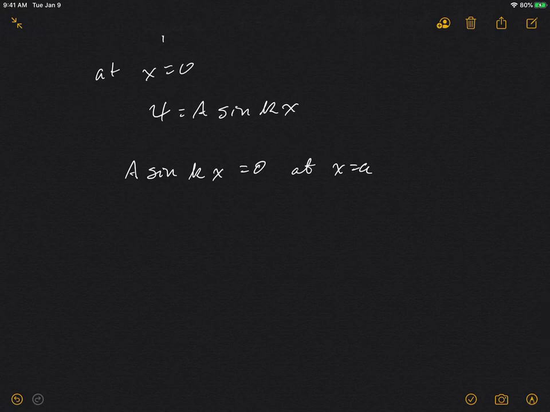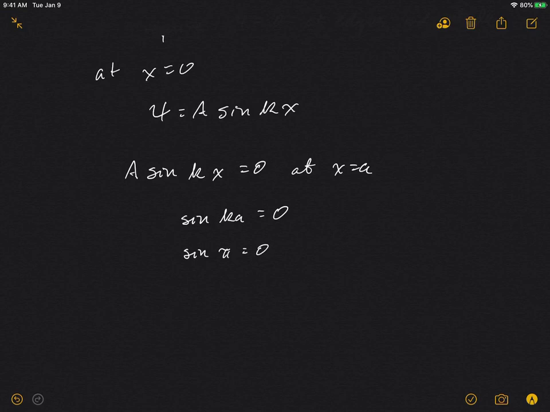In order for this to be true, we know that sine is a periodic function, and that it goes through zeros at sine pi equals 0, 2 pi, 3 pi, and so on.